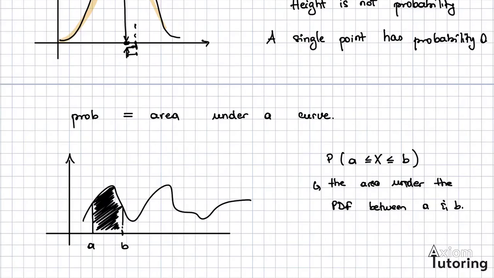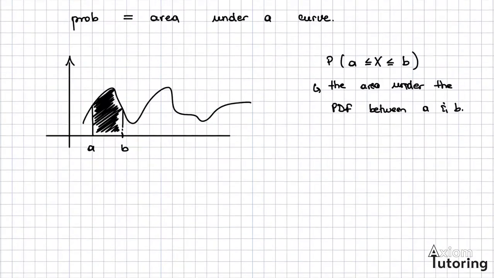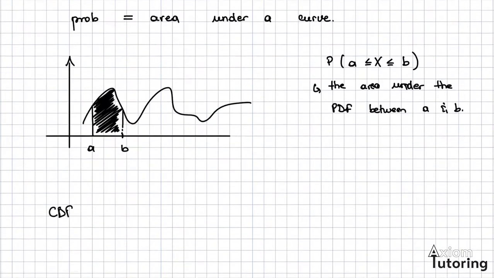Now, the CDF, or the cumulative distribution function, is just another way to keep track of that area. That's where the CDF comes into play, basically. So it's a way to keep track of the area under the curve.